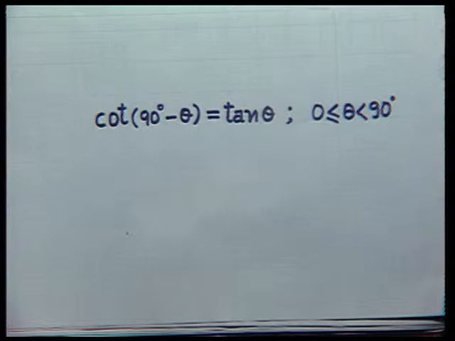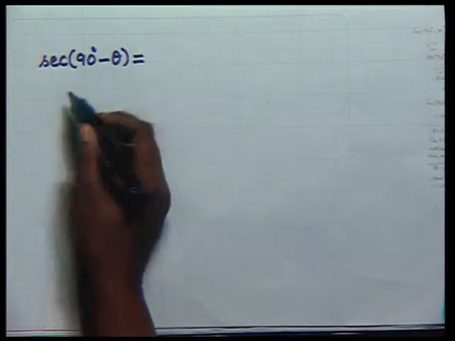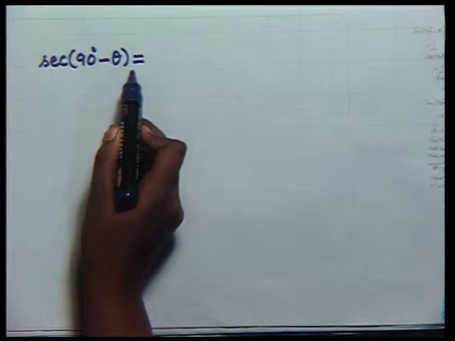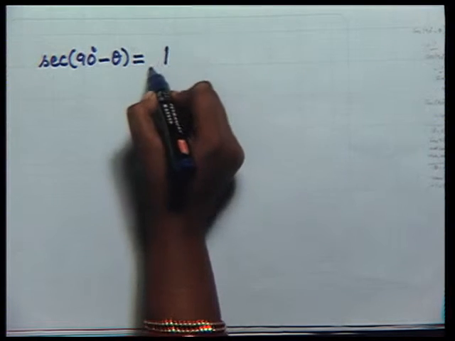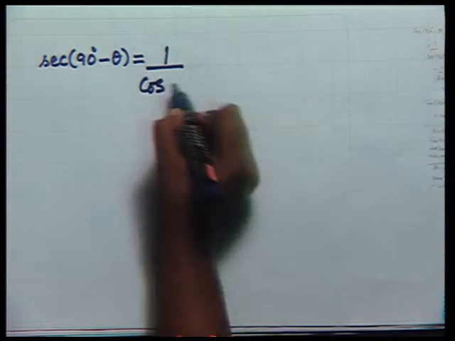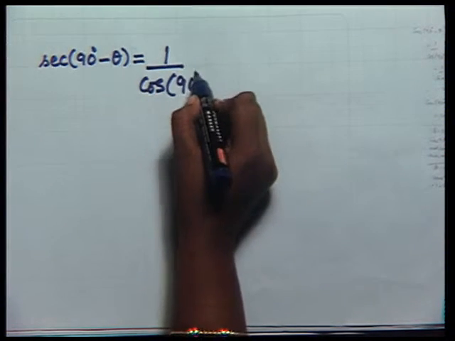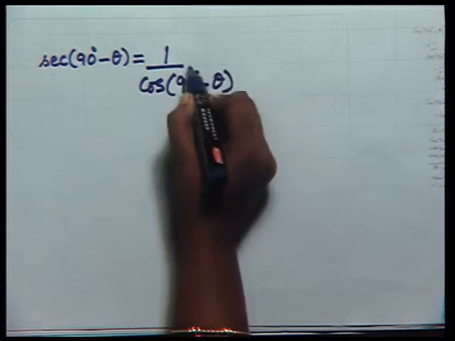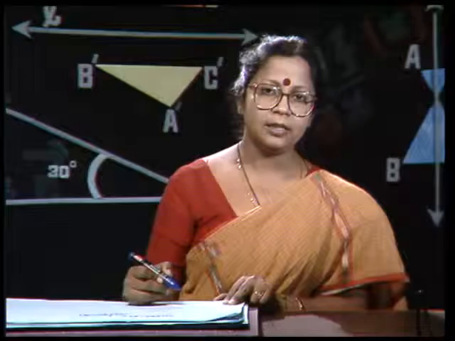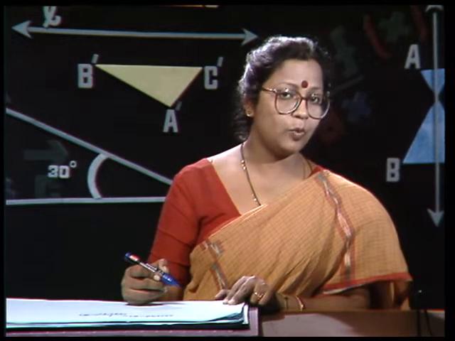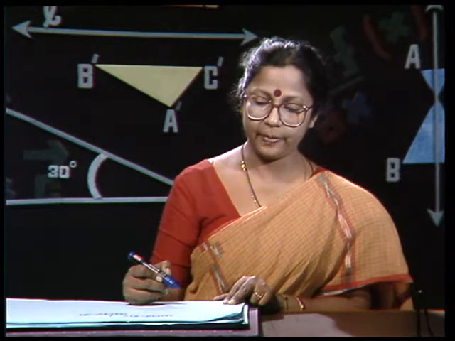Similarly, we associate secant theta with cosecant theta. We have for secant (90 degree minus theta), we can write it as 1 upon cos (90 degree minus theta), because we know that sec theta is equal to 1 upon cos theta.